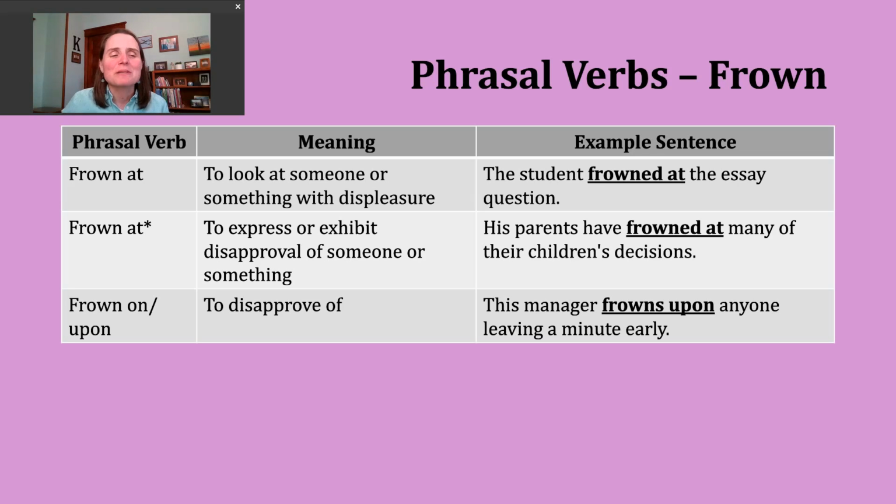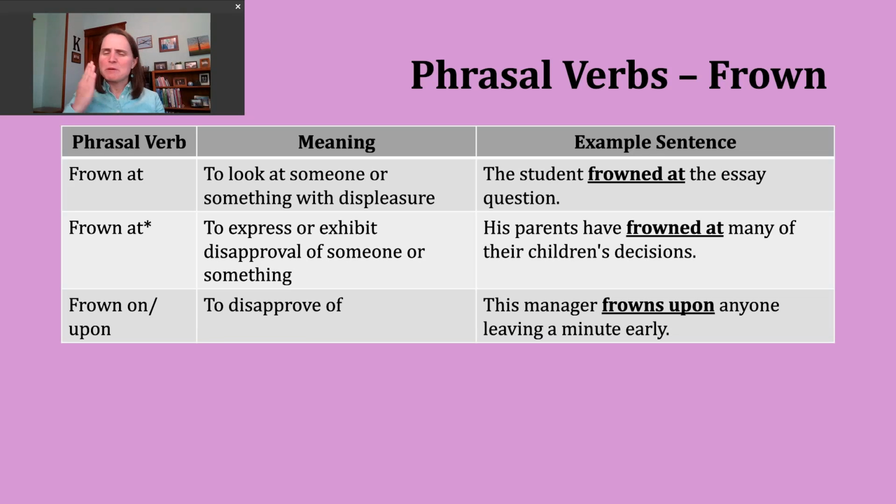Our last phrasal verb to discuss today is to frown on or frown upon. Both of these, frown on or frown upon, is really talking about not approving of something or to disapprove. An example of this: this manager frowns upon anyone leaving a minute early, right?